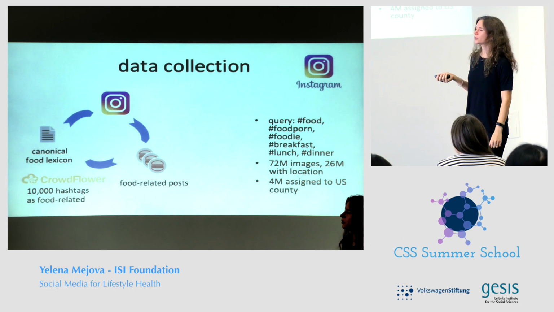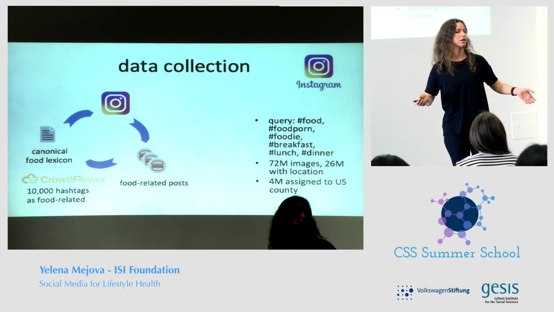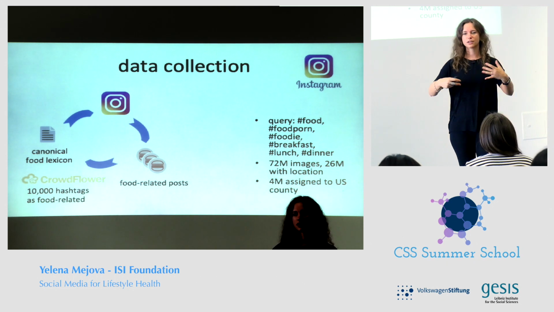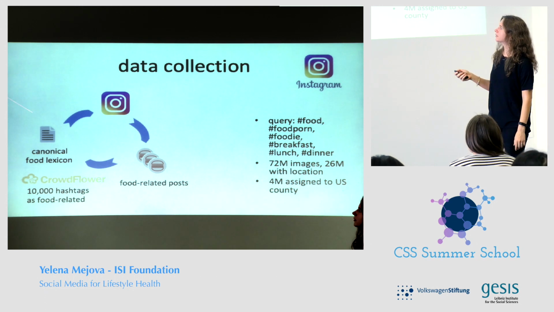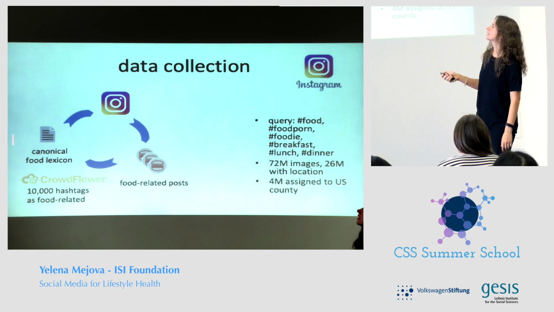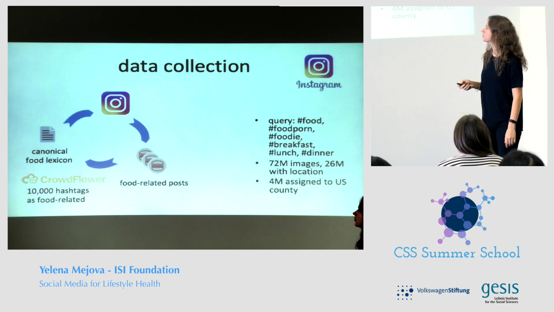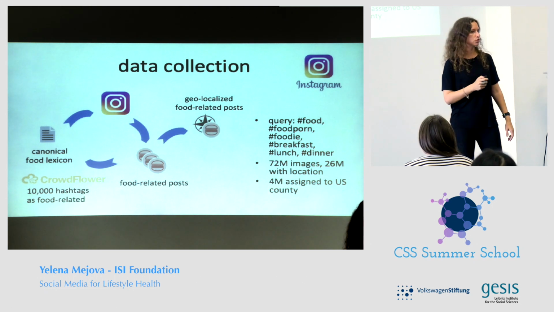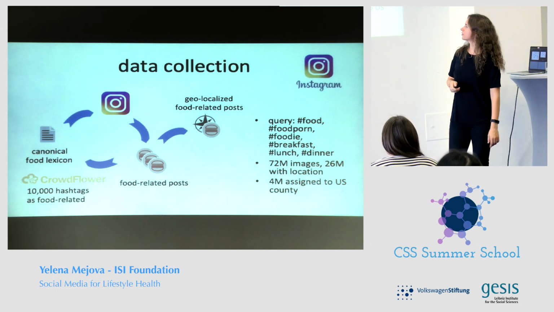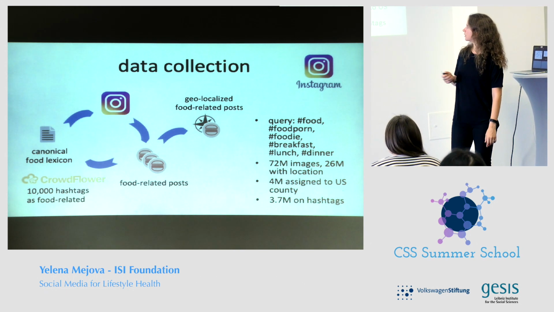We ask people, is this hashtag food related or not? Then we have a much bigger lexicon and go through the same thing again, a query again, and get some more posts, which results in high quality geolocated posts.